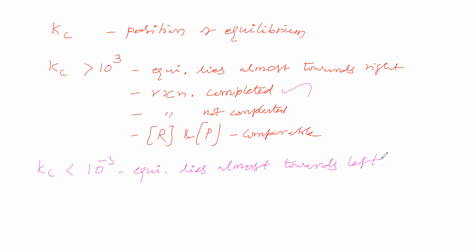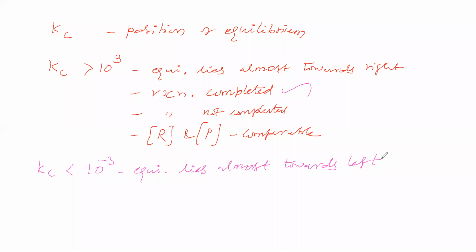Does it mean the reaction is completed? The reaction is not at all completed? Shall we say the concentrations of reactants and products are comparable? Or shall we say the concentration of reactant is high and the concentration of product is negligible? Here the equilibrium constant is less than 10^-3.